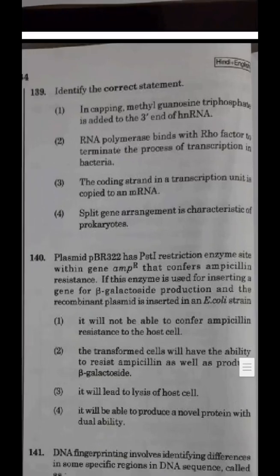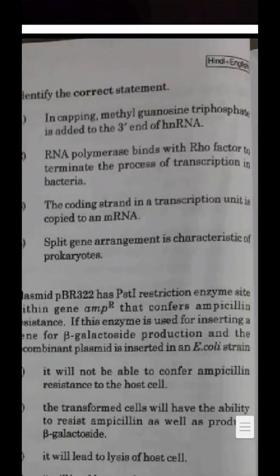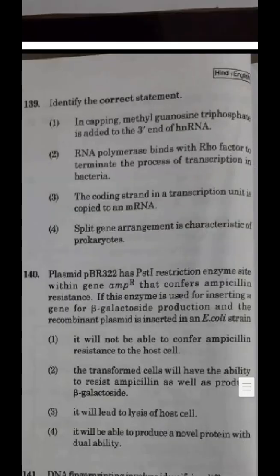Now here in question number 139, it is also a direct question from NCERT. Here, you have to identify the correct statement. And this question is related to RNA modification after transcription. The first option is capping: methyl guanosine triphosphate is added to the 3' end of the HnRNA.